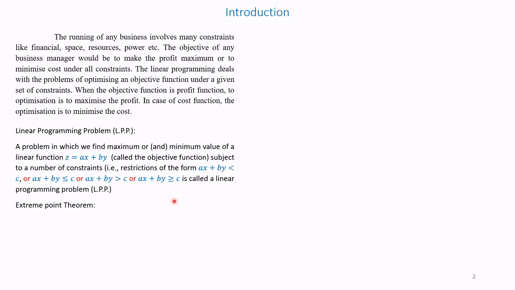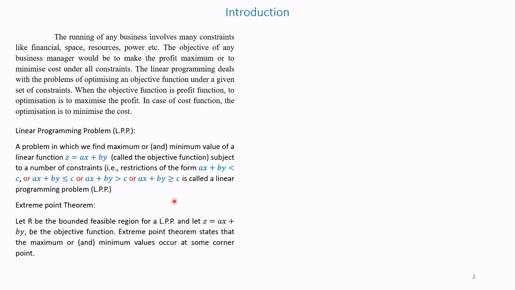Extreme point theorem. Let R be the bounded feasible region for a linear programming problem, and let z is equal to ax plus by be the objective function. So the objective function, which can be either maximizing profit or minimizing cost, is given by the relationship z is equal to ax plus by.